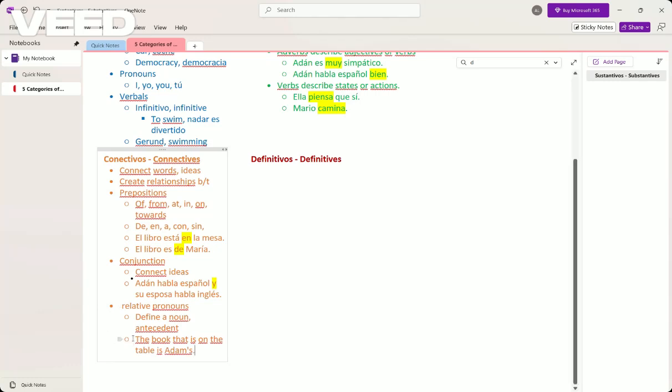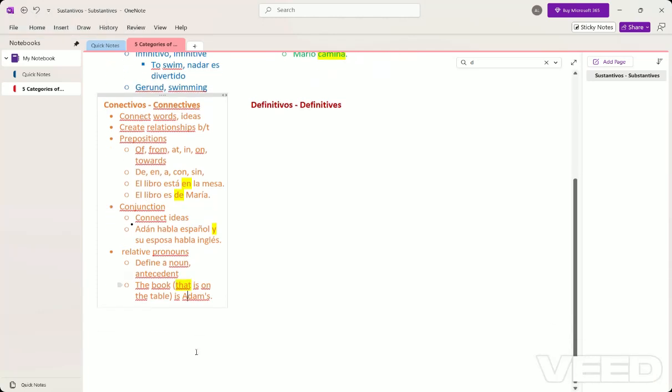You can see the main idea is the book is Adam's. This whole part, that is on the table, is kind of like an interjecting clause that defines which book. That's what a relative pronoun does. The relative pronoun is the word "that." That's the most common one in English.